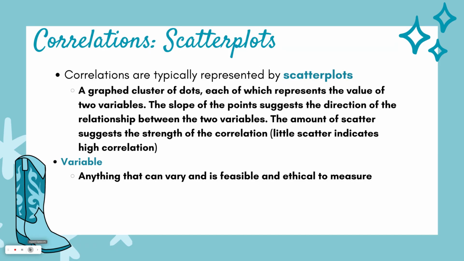So, for example, little scatter, meaning that they're very close together, indicates a high correlation or a strong relationship. We're going to define a variable as anything that can vary, meaning anything that can change, and is feasible and ethical to measure. So it could be something as silly as Google searches of "this is sus" to student grades.